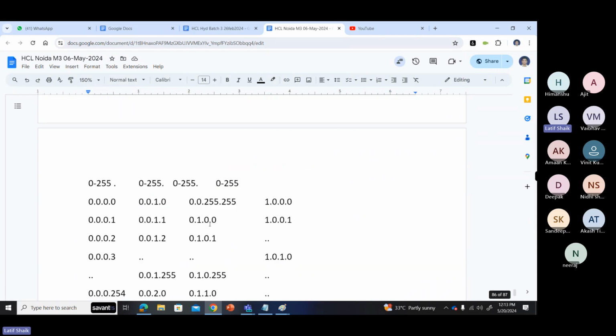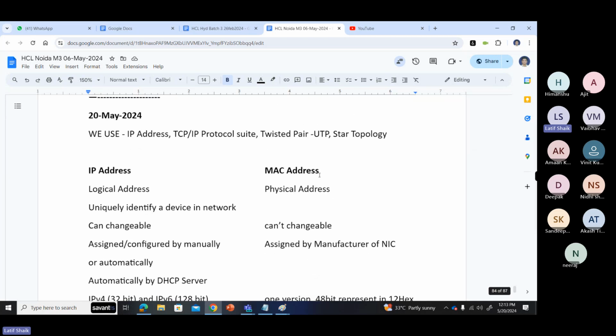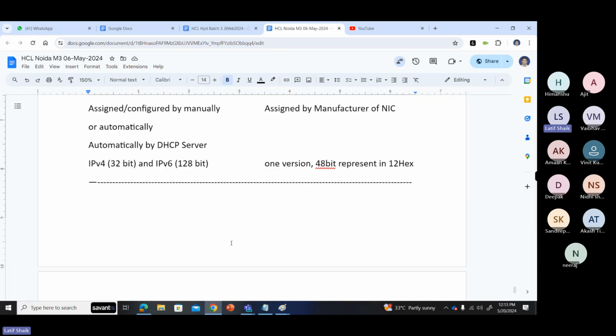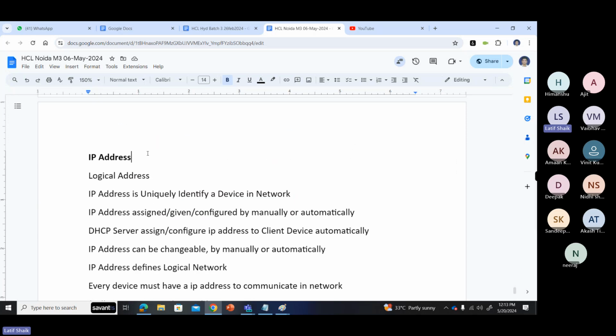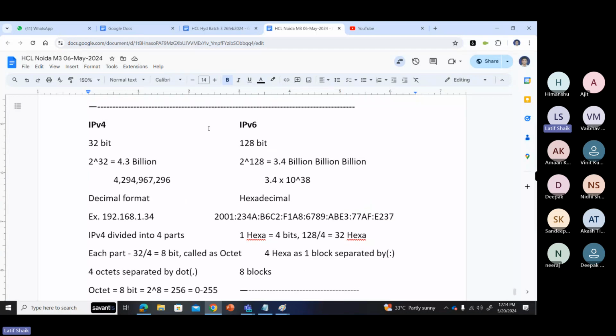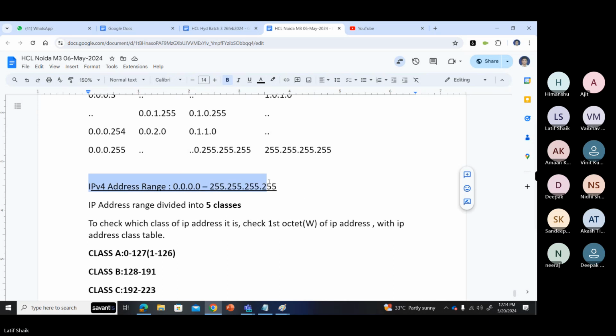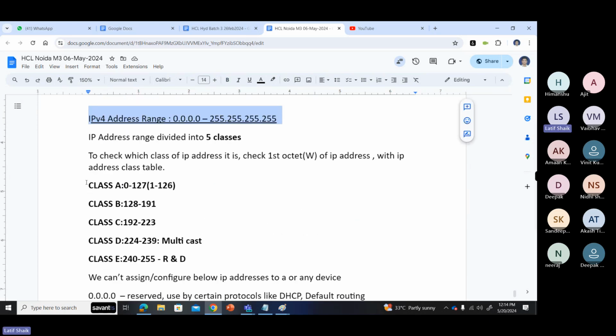Guys, the important points here: what is an IP address and how it is different from a MAC address, what is a MAC address, what is an IP address, the differences that we took more time to explain, right? And the small differences between IPv4 and IPv6, what is IPv4, the IPv4 total range, and very important, the IPv4 classes.